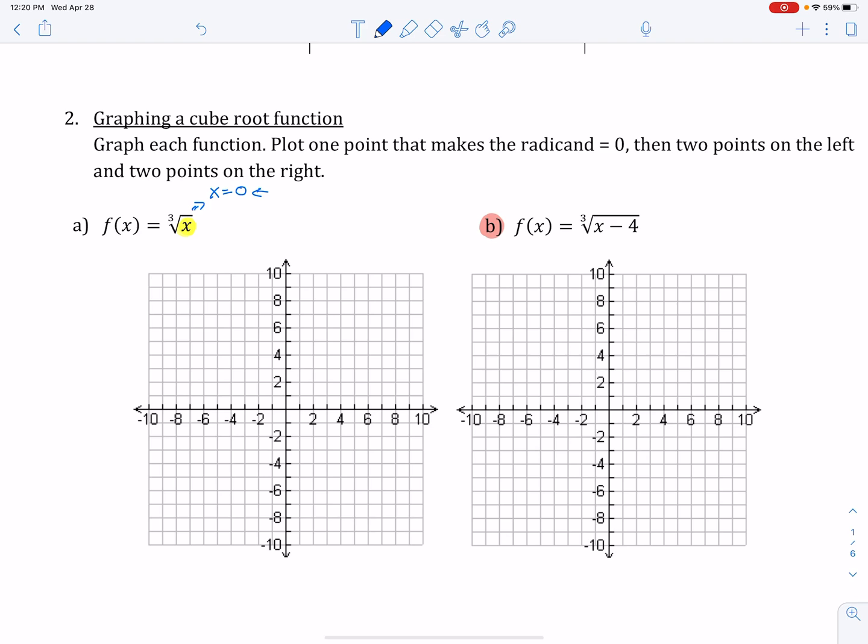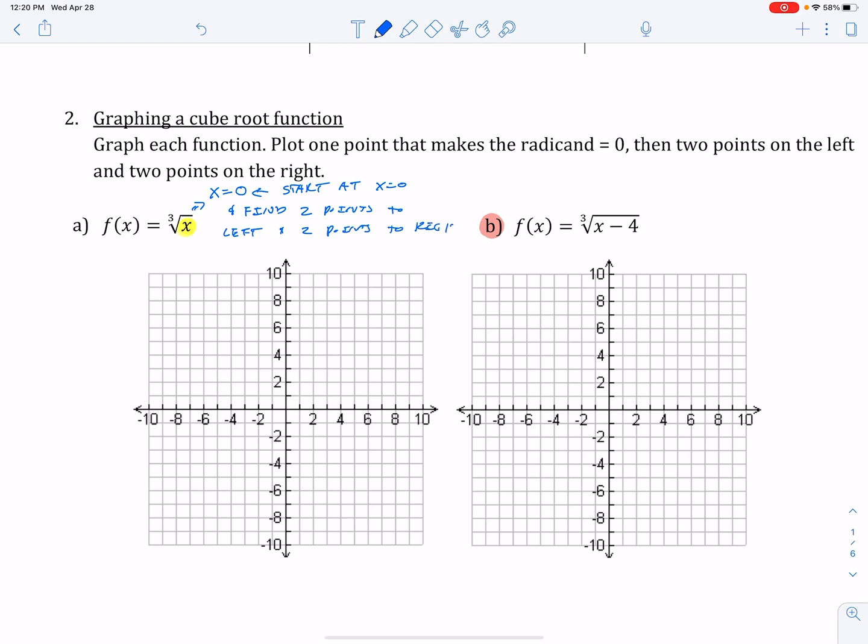And so what we want to do is start at x equals 0, and then find 2 points to the right or 2 points to the left. So I'm going to put 2 points to the left and 2 points to the right.